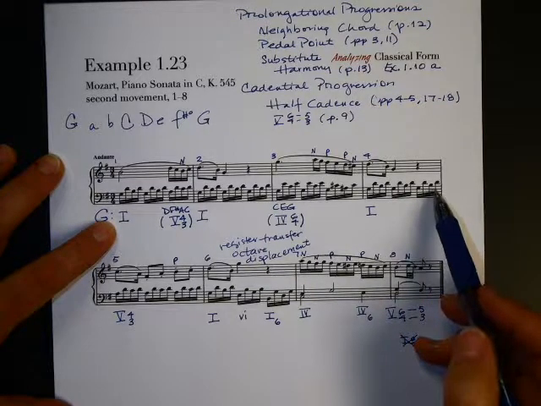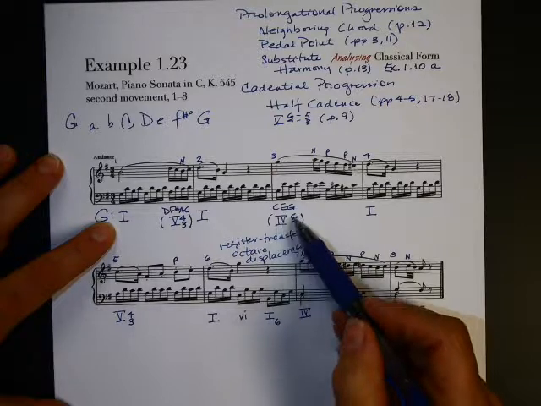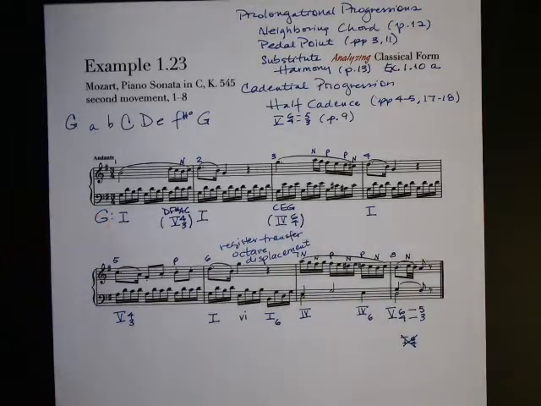Let me say one more thing about the 4 6-4. Remember that a second inversion chord with the 5th in the bass is the weakest inversion of a triad. I like to joke that it's like standing a triad on its head or doing a handstand, which most of us, unless we took gymnastics as a child, can't hold for more than a nanosecond.